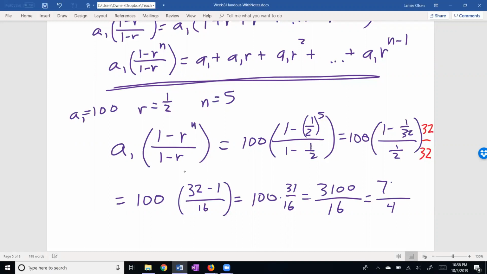Looks like 775. And 775 divided by 4 is 193.75. Now let's go up and see if that seems reasonable.